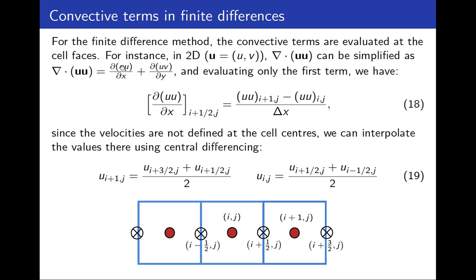So we will only focus on this first term, and remember this convective term has to be evaluated at the cell face, where I use this notation. So we have this cell which has location i, j, but I want to evaluate the convective term here at the cell face, which has location i plus 0.5 and then j.